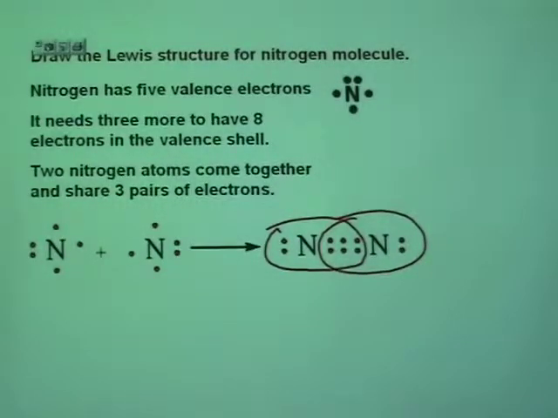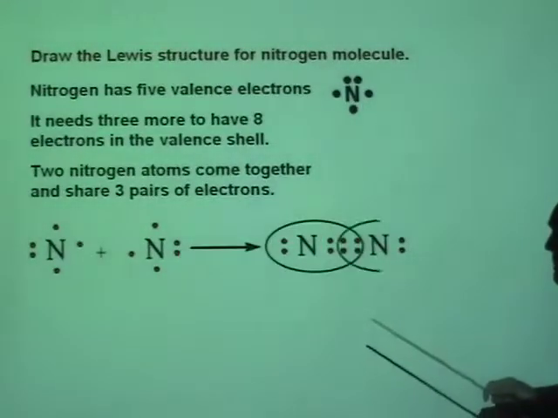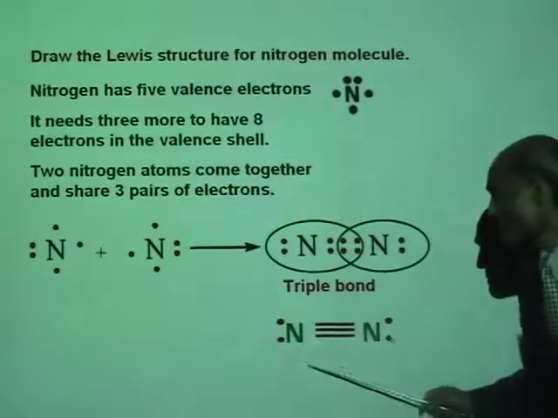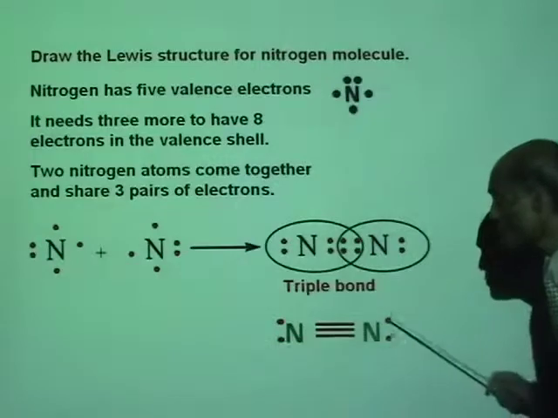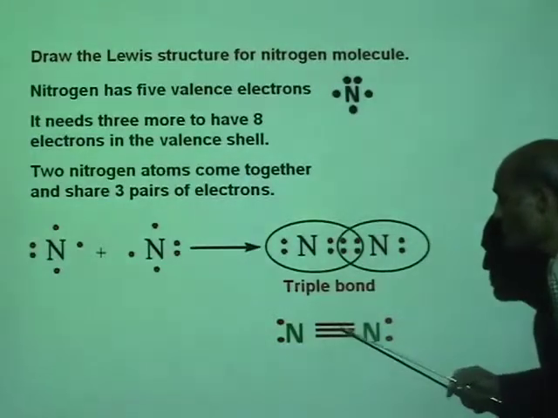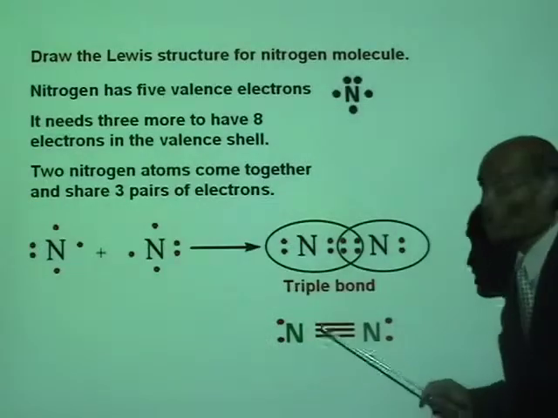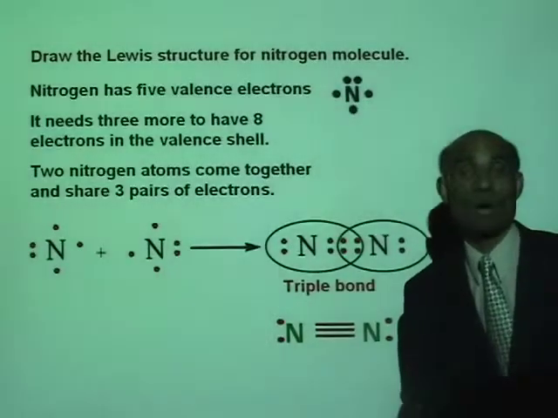Okay, how will we represent using lines? There you are. And this is a triple bond. You can represent it like this. These 2 electrons are unshared, but you got 2, 4, 6, 3 pairs of electrons that are shared. There you have a triple bond.